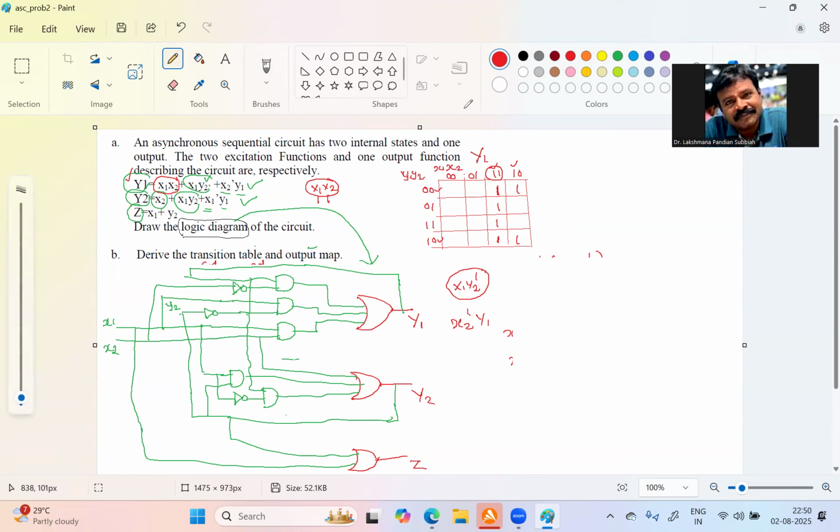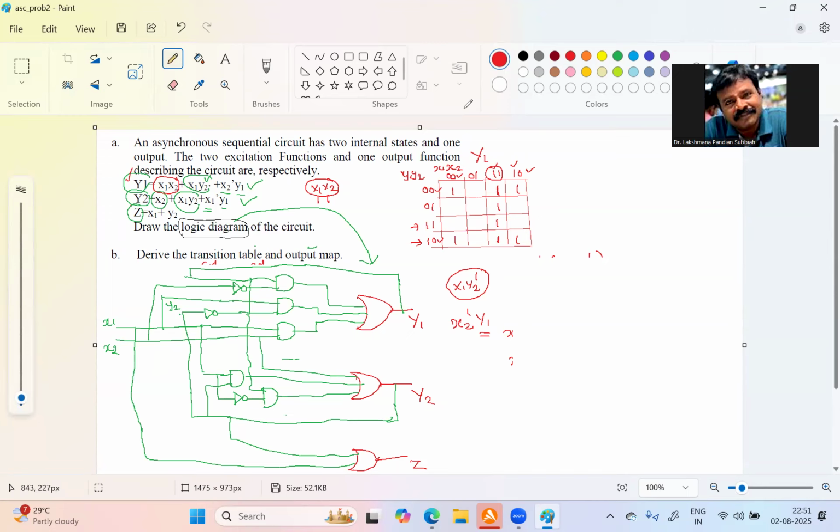So x2 0 is first column and fourth column. Then y1 is here third row and fourth row. So you have to put this 1 1, right? Already we are having 1 1. Here you have to add 1 1, right?